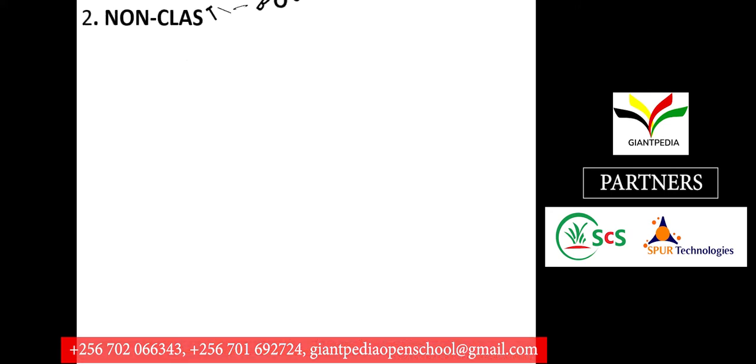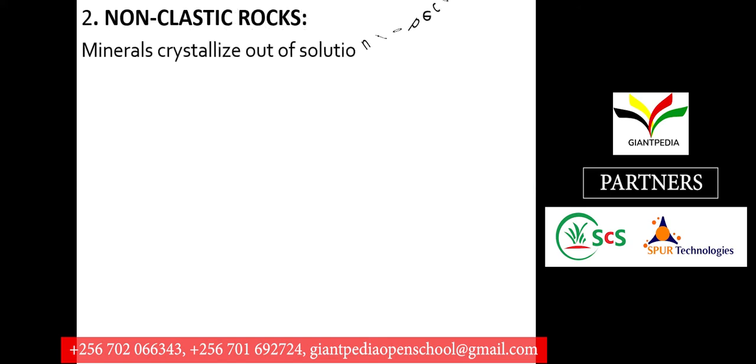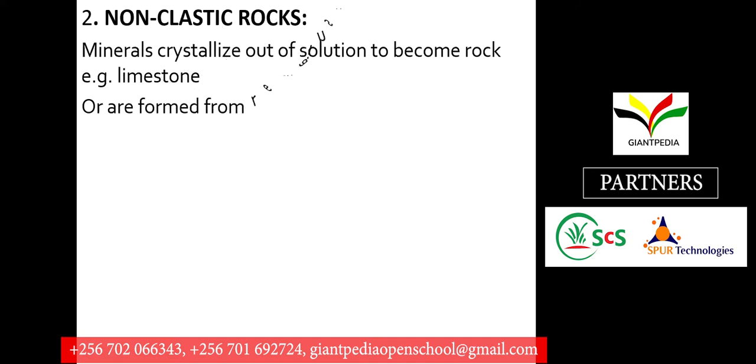Then the other one is the non-clastic. The non-clastic ones are the ones which are not mechanically formed. They are either chemically formed or organically formed. In this case, the minerals crystallize out of solution to become rock.